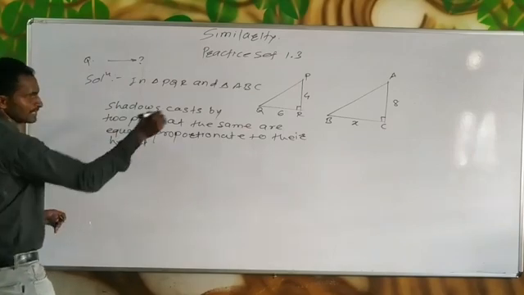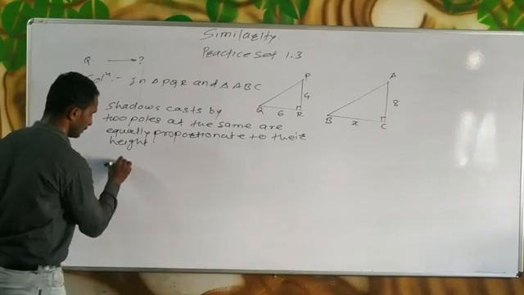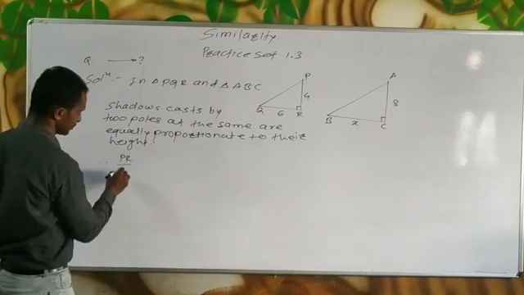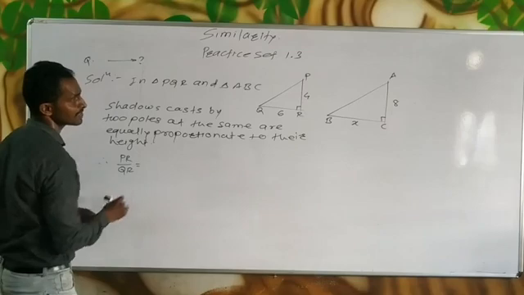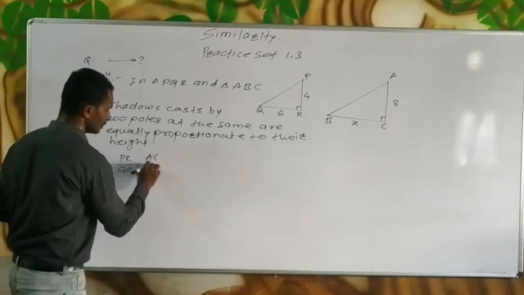Therefore we can represent that PR upon QR is equal to AC upon BC.